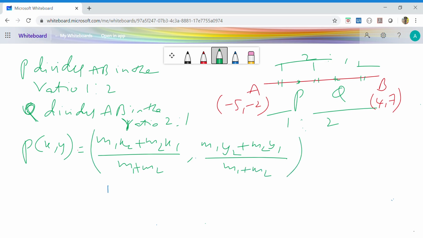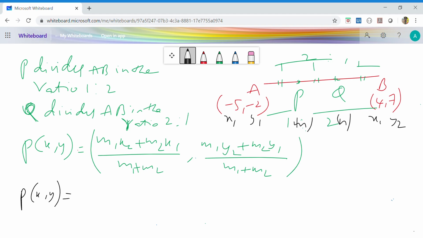This is the formula for division of a line by a point. So now P of x comma y, how can you find out? This is x1 y1 and this is x2 y2. This is m and this is n.